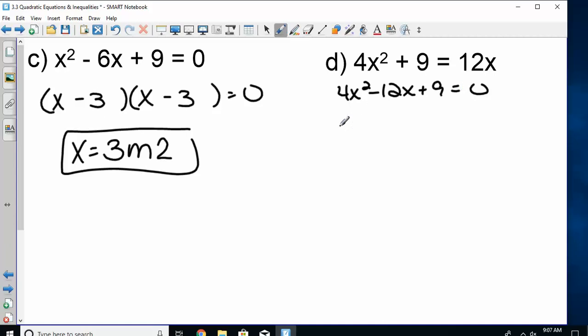Why can't I do the shortcut box method here? Yeah, my a term isn't 1. So we know if it's not a 1, then we actually have to write out the box method and factor it. So no shortcuts on this one.